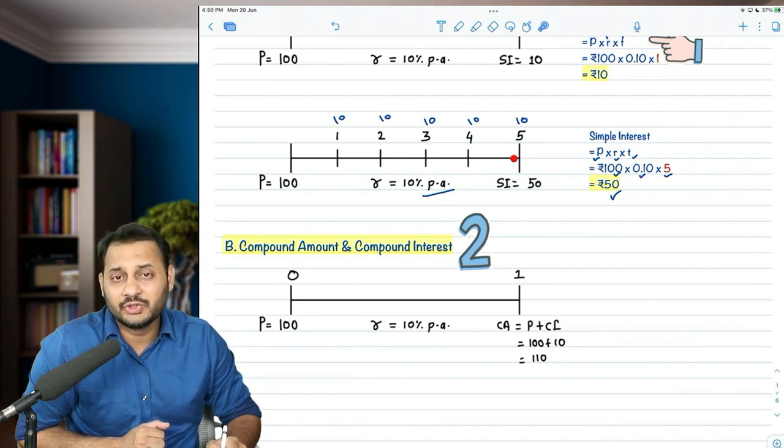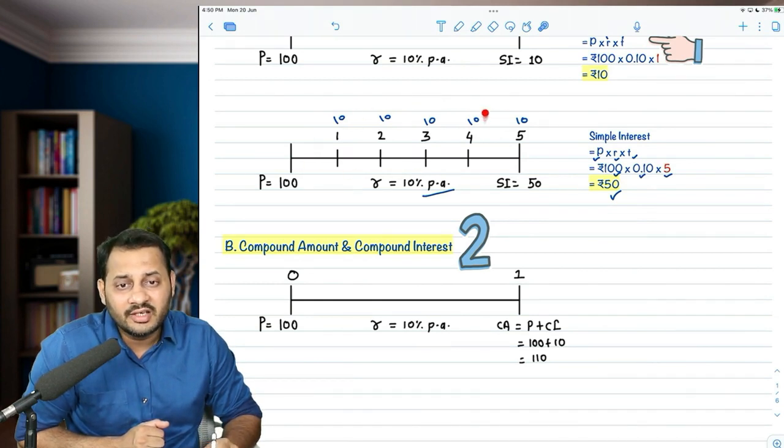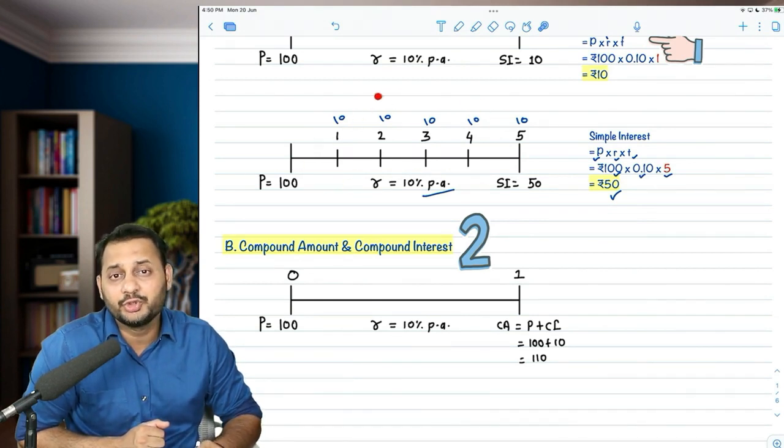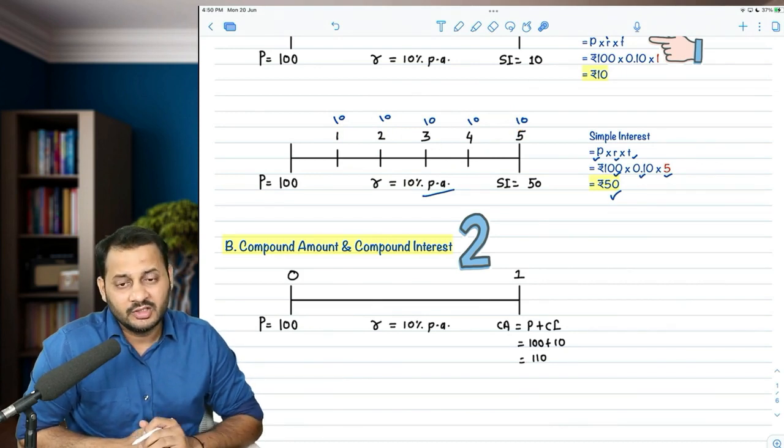And when this happens, it means that the bank is using our earnings in this interval as well, and they should pay interest on this interest as well. So the 10 rupees earned by us is being used by the bank for the next 4 years. The 10 rupees earned here is being used by the bank for the next 3 years, and so on. This concept is called compounding.